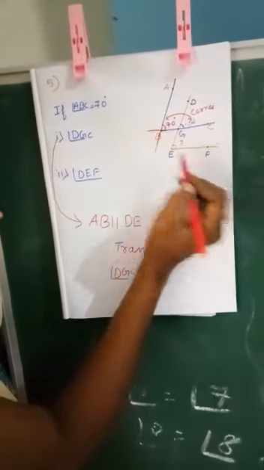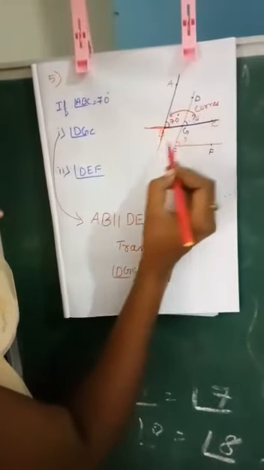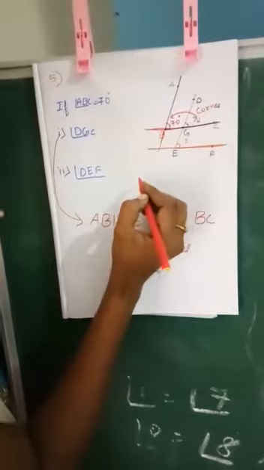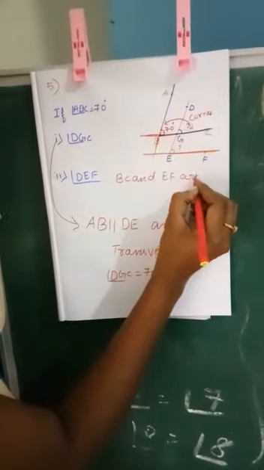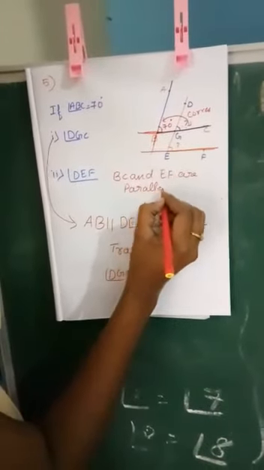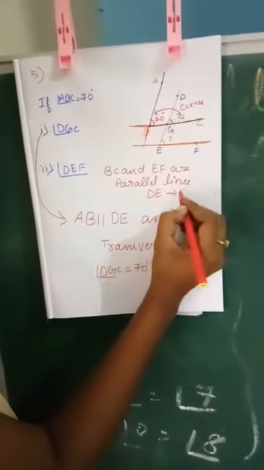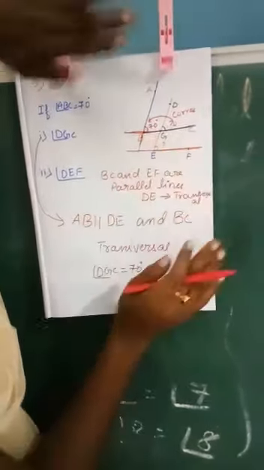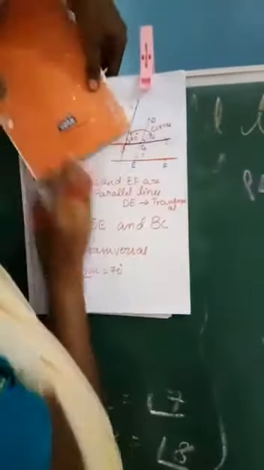For DEF, BC and EF are parallel lines, and DE is called the transversal.